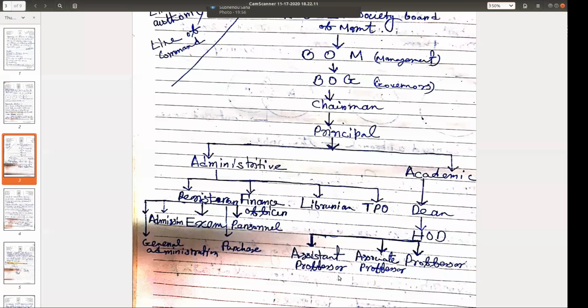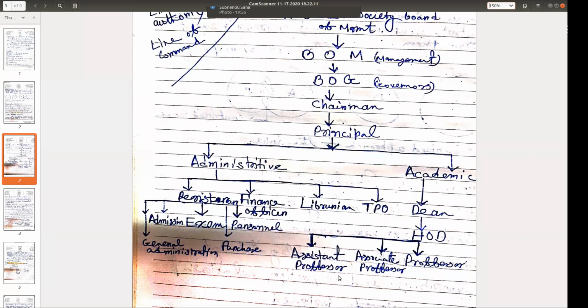That means the TPO is not directly under the HOD, but they can coordinate. The TPO is under the administrative section, the administrative head, and eventually the principal. Again, professor, associate professor, assistant professor are under the HOD.